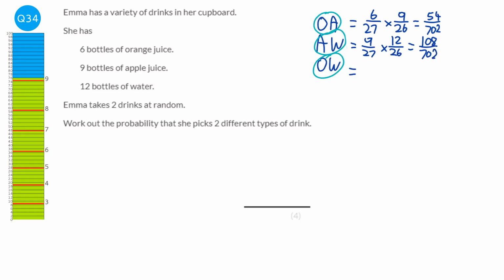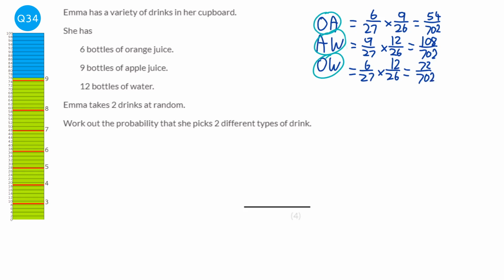And then orange juice, then water will be 6 over 27, and 12 over 26, and that would be 72 over 702.